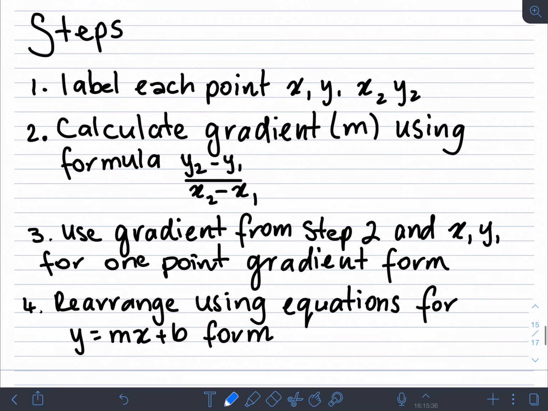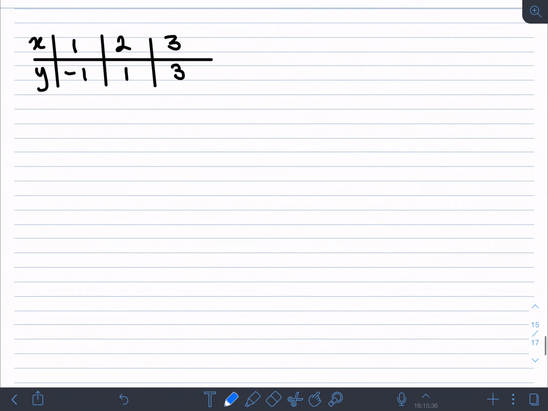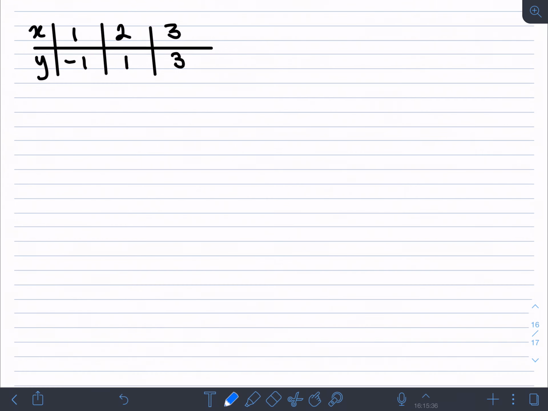So let's go through an example. I'm given a table of values and the question states: find the equation of this line. Step 1 was to get 2 points and label them. I can pick any 2 points. For this question, I'm going to pick the positive numbers because it's easier to work with when you're subtracting.